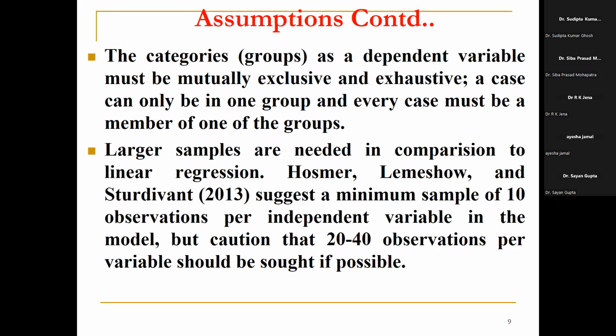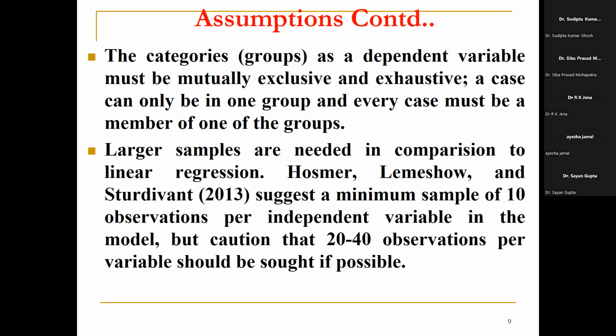You also require an adequate sample size. Compared to linear regression, logistic regression requires a larger sample size. Hosmer and his colleagues suggested a minimum of 10 observations per independent variable.